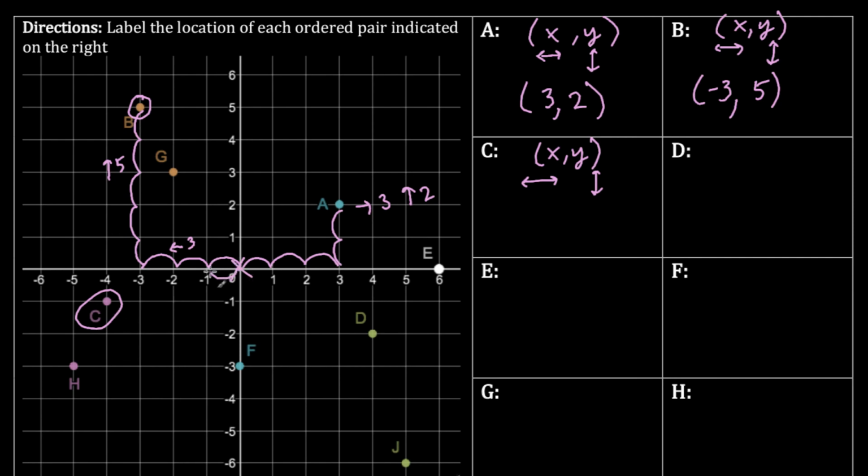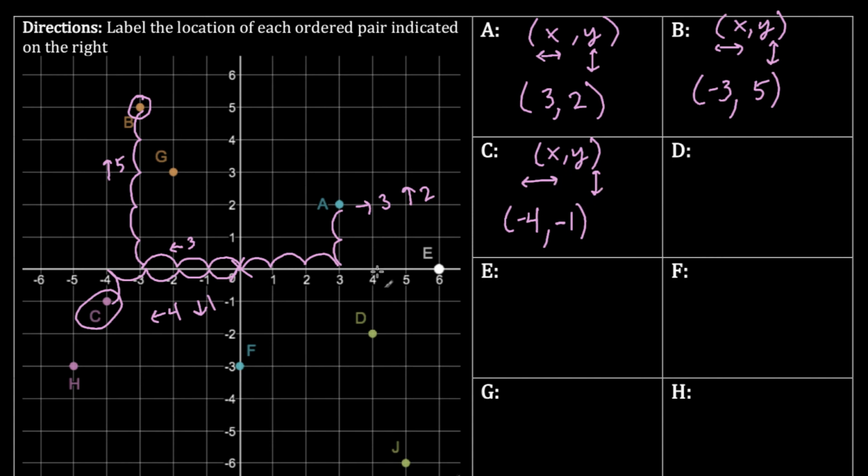So we go left 1, 2, 3, 4. We go left 4. And then we go down 1. So that's -4, -1. Remember, we always travel left and right before we travel up and down.